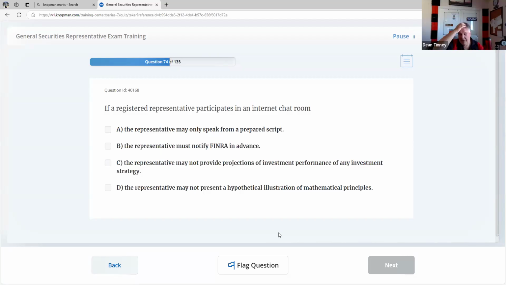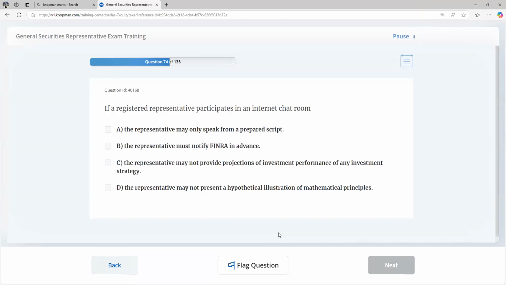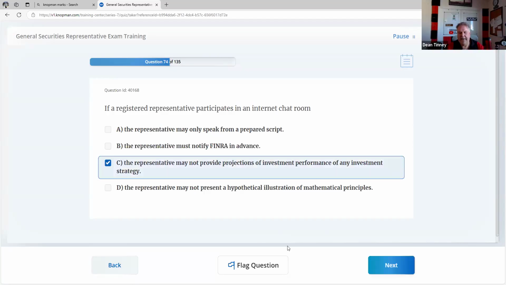I think this would mainly be whatever the firm's WSPs are about it. But yeah, we know that it's not A. We know it's not B. So I think we're left with C or D, and then we have to decide which of those is more common sense. Maybe C. Yeah, I think so. Given that answer set, I think that's the best answer.